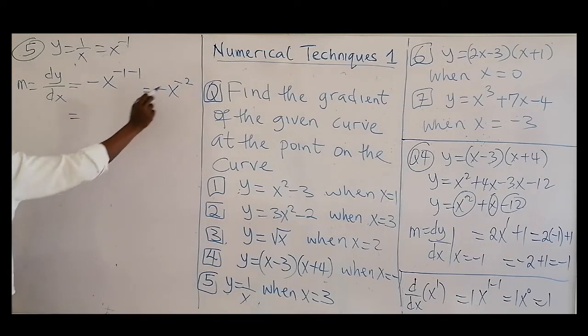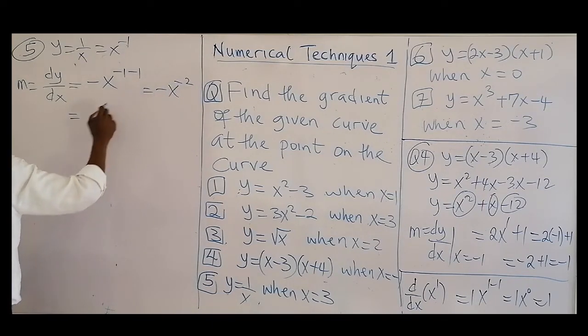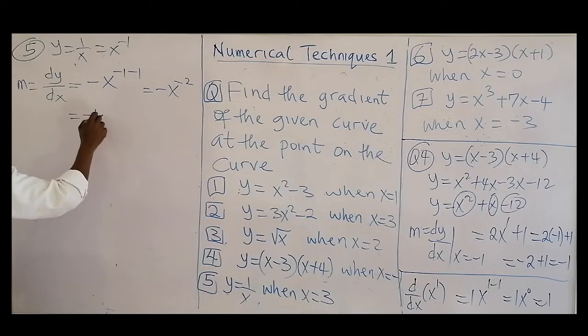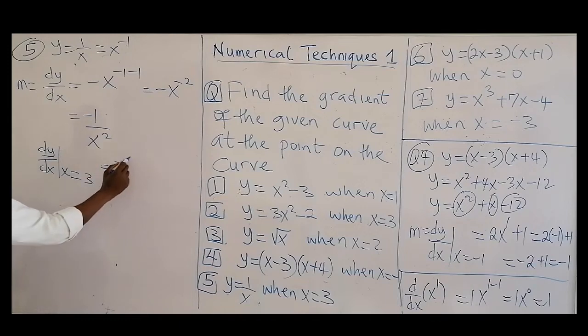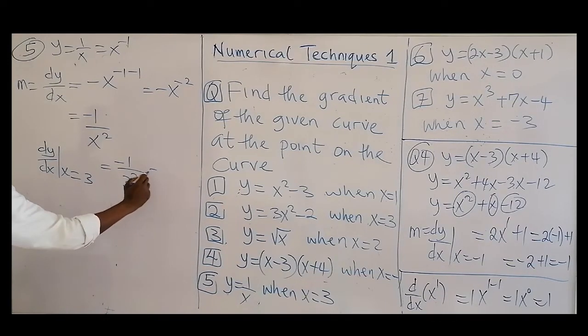That will be equal to minus 1 over x squared. Then do your substitution. dy dx at x equal to 3 will be minus 1 over 3 squared, that's minus 1 over 9.